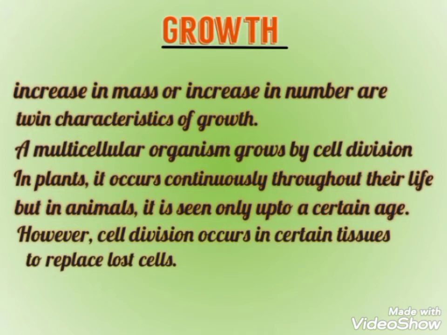However, in case of injury, cell division occurs in certain tissues to replace lost cells. In plants, we see that growth is continuous. But in animals like humans, we grow up to a certain age. After that, reproductive age starts and growth slows down.